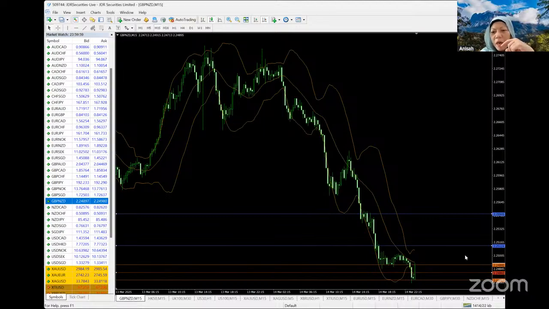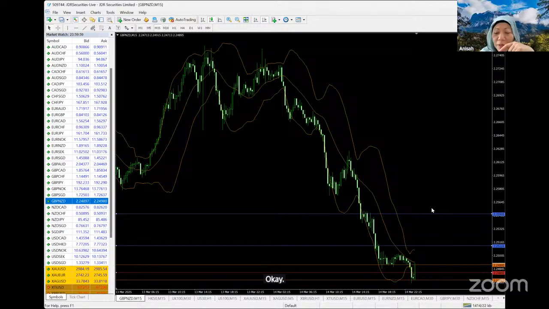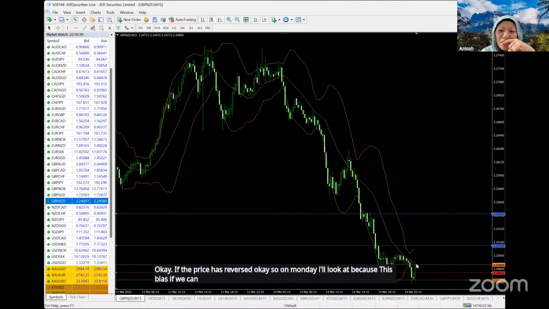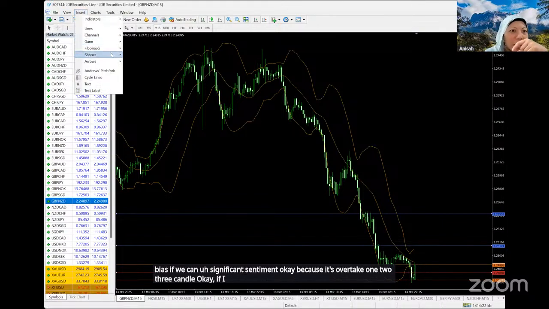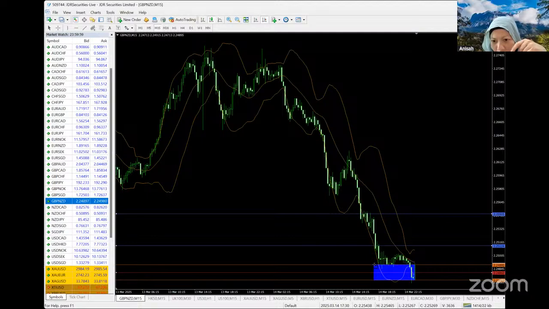The red is your cut loss level. So that's your target, that's your stop, if the price has reversed. On Monday I'll look at this, because this part is significant sentiment, because it overtook 1, 2, 3 candles.